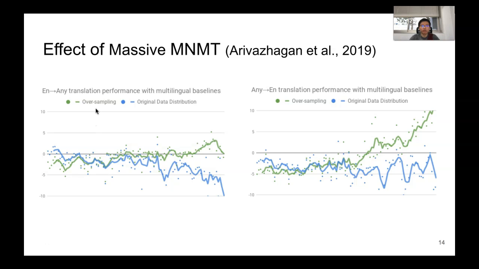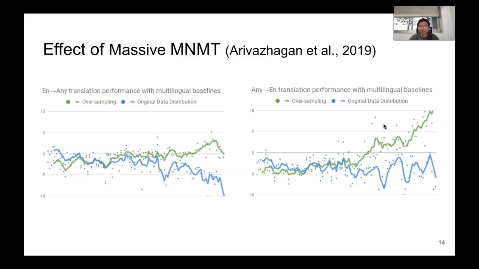There are two versions of the multilingual system: one with oversampling, another without oversampling. The one with oversampling is shown in green dots or green line. And we can see that with oversampling, it's better than without oversampling on both sides, even here in the any-to-English direction.